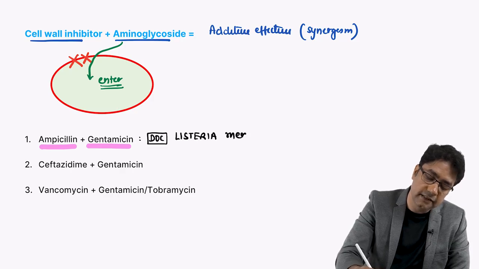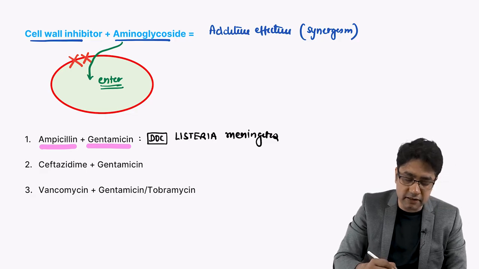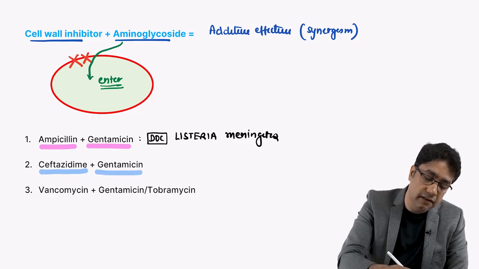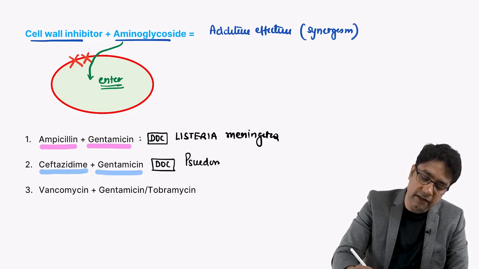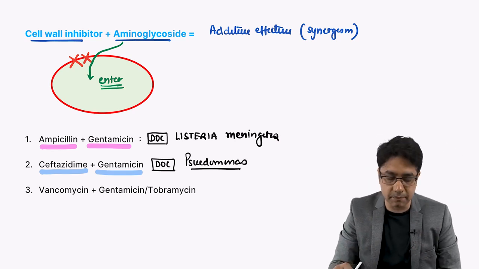Listeria meningitis: give ampicillin with gentamicin. Similarly, another cell wall inhibitor, the cephalosporin ceftazidime, is combined with gentamicin. This combination is the drug of choice for Pseudomonas infection. They are given by injection for Pseudomonas systemic infection.